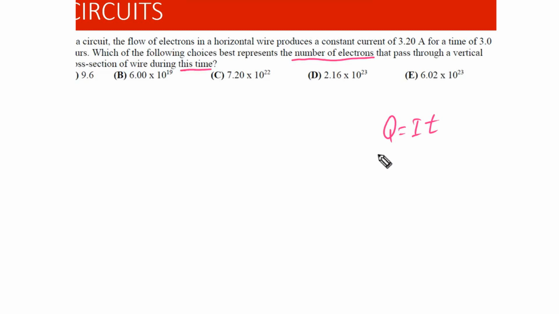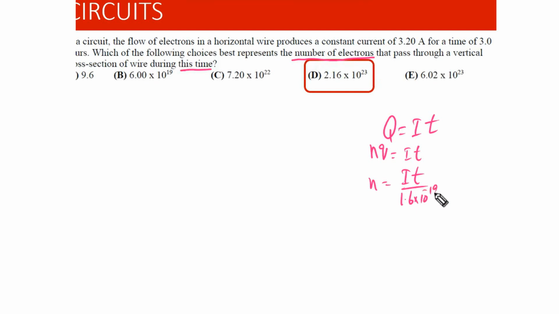So D, excellent. Let me check the answer first. Excellent, the answer is D. If some students are still struggling, you can write down Q in terms of the number of electrons. So I can say N small q, where small q is the charge on a single electron.